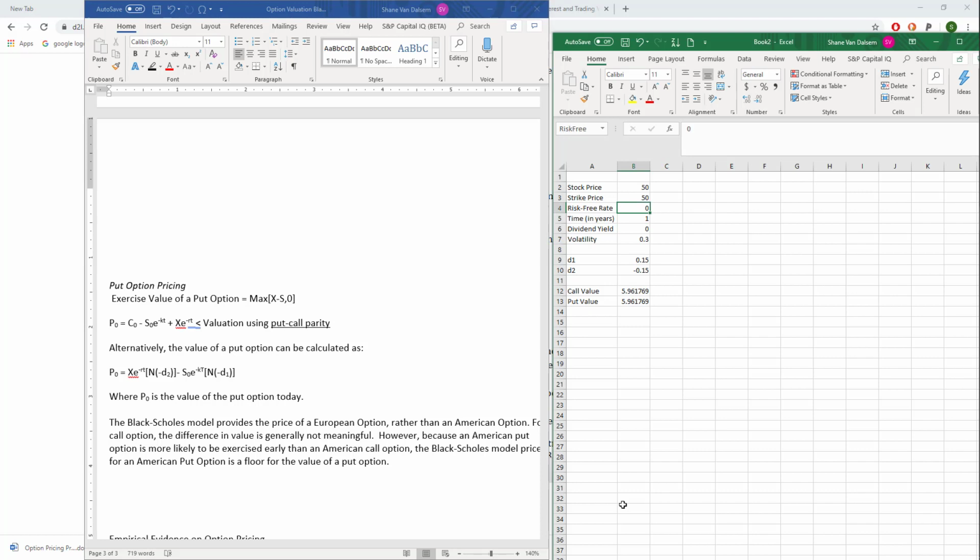Here I put the risk-free rate as 0, and they're worth the same value. So a positive risk-free rate indicates that the value of the underlying stock will increase over time. So that's how we calculate the put value using the put-call parity formula.